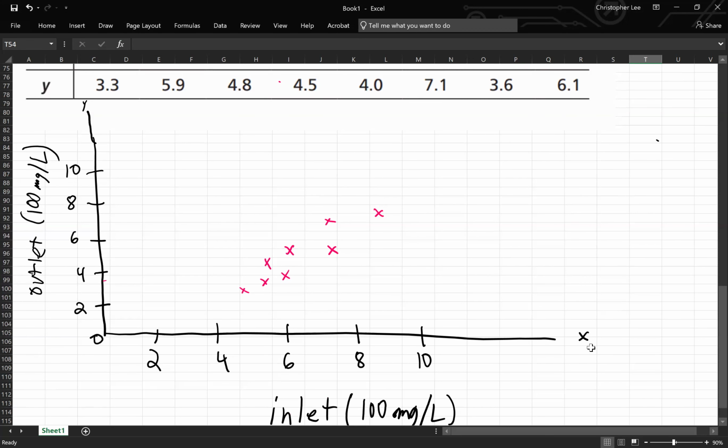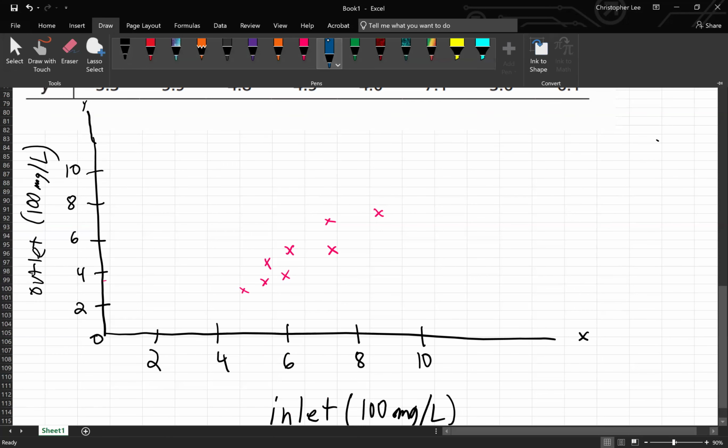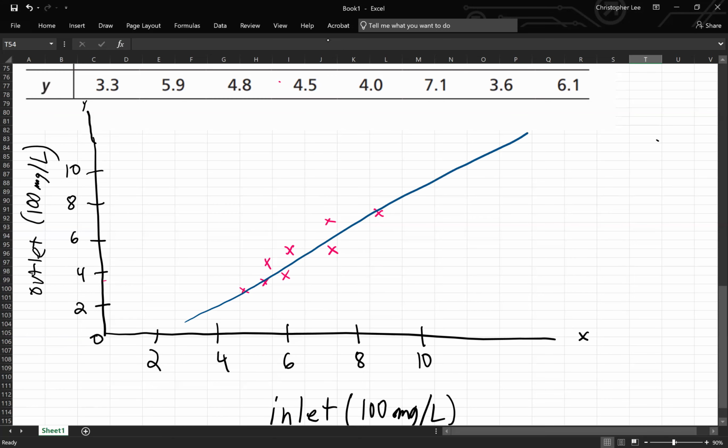Would you say that this data is increasing or decreasing? Increasing, right? So if there was a line that would go through it, it would go like this, right? Like it's increasing from left to right.